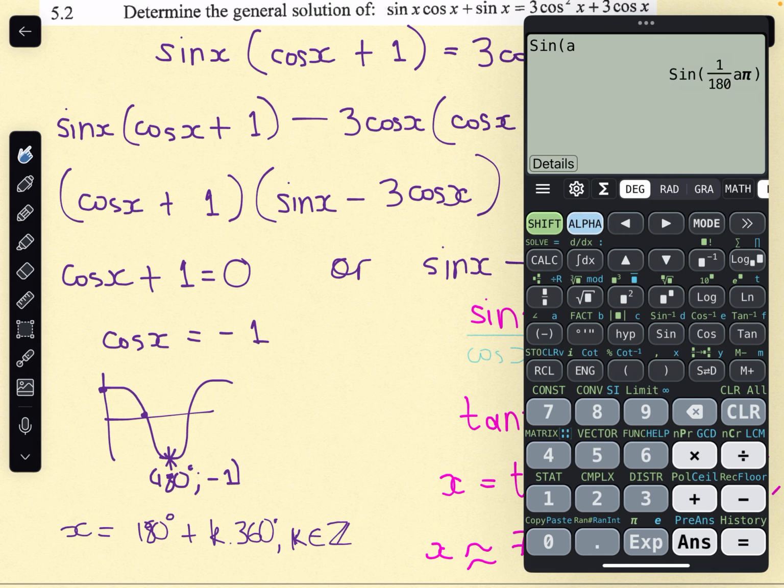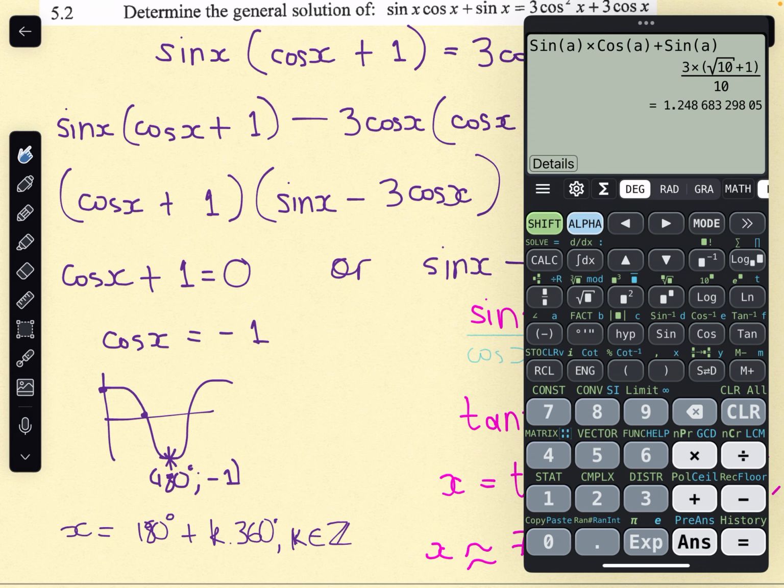Right, sine of A times cos of A plus sine of A. So that gives us 1,248, etc. Now we need to see if the other side will also give us the same result.